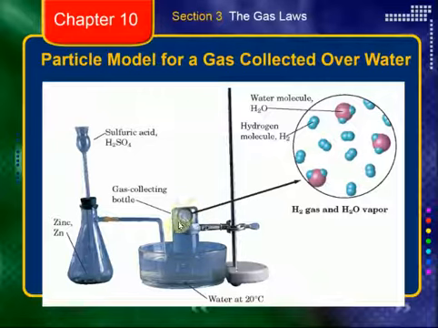This is an inverted bottle which has a little bit of water in it already, and so the gas will be pushed continually through this tube, underneath the water and up into the bottle, and now all of the gas that's produced will be trapped in this bottle. But that gas, as it expands, as it takes up this volume, will push the level of the water already in this bottle down.